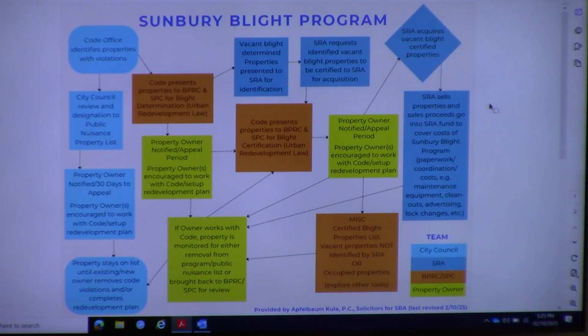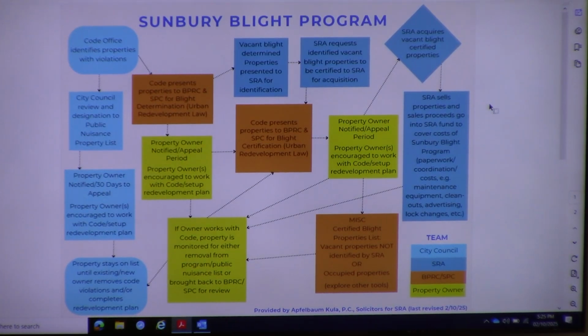If they are properties that the city would like the redevelopment authority to further engage with, or if the redevelopment authority themselves determines that these are properties that they could take to the next step, then they do what we call identify. I'm trying to use some of the words from the statute, but we identify the properties for the planning commission, but we put it back to both the BPRC and planning commission to say, don't only certify a blight, but certify it over to the redevelopment authority for next steps.